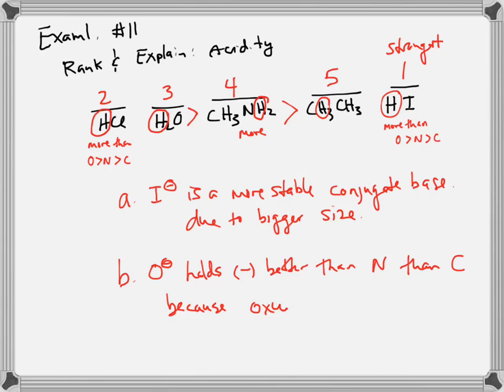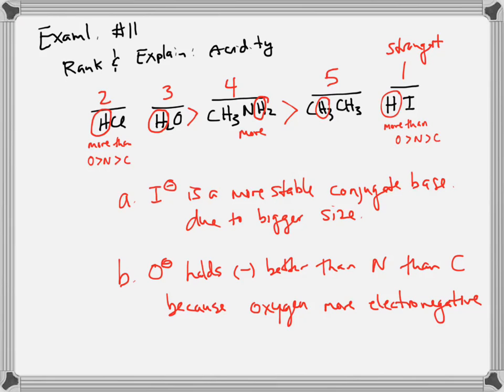Oxygen is more electronegative. Okay. And nitrogen's better than carbon because nitrogen is more electronegative. Right? So it's just a question of establishing what those differences are and writing them down.